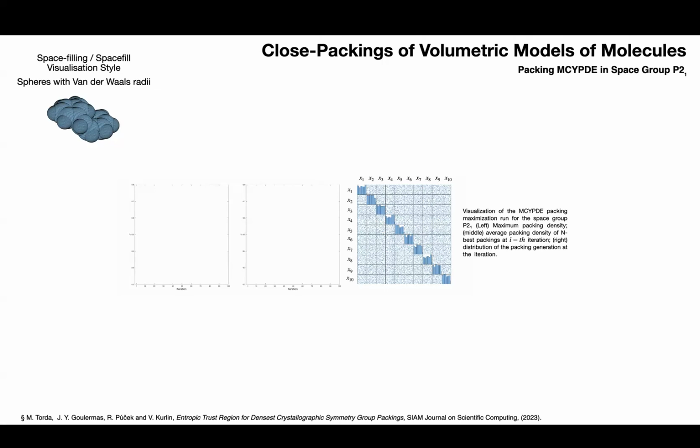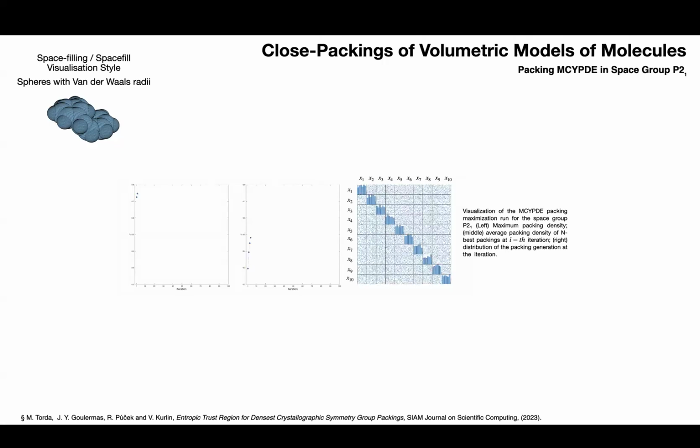In chemistry, one visualization when one works with visualizing electronic structures, molecular structures, is the space filling visualization style. So it's just a collection of spheres, with the radii given by the envelope radii.